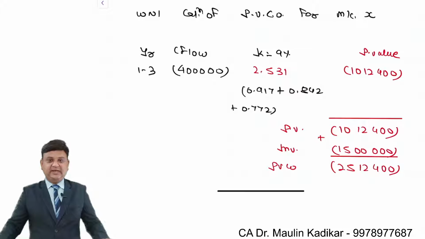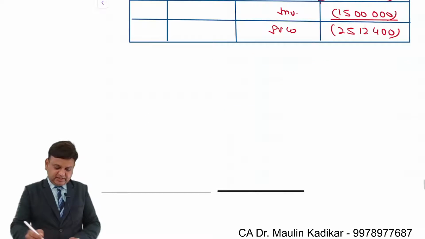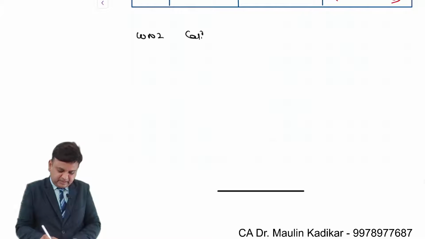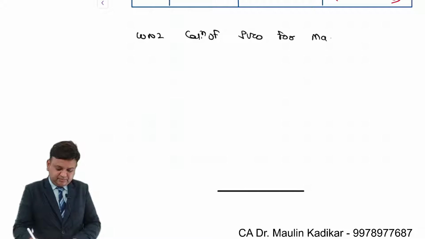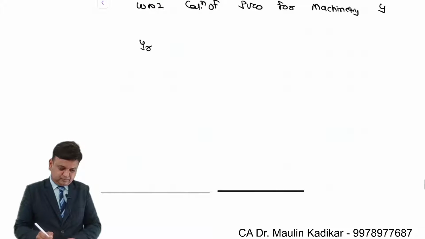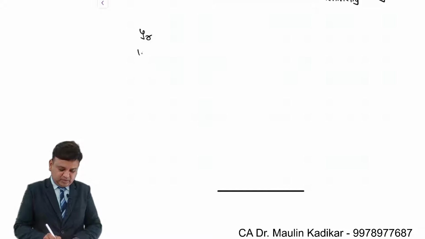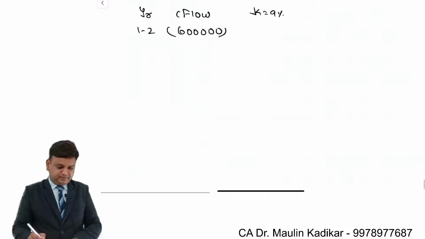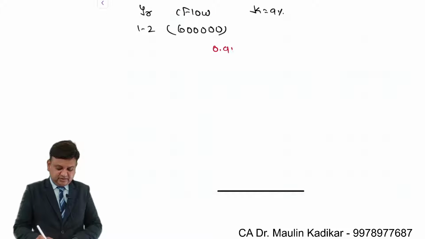Whatever we have done for machinery X, similarly we will do for Y. Working note number 2, calculation of present value cash outflow for machinery Y. In that, year 1 and year 2, cash flow is 6 lakhs. Discounting rate 9%. First year factor is 0.917.